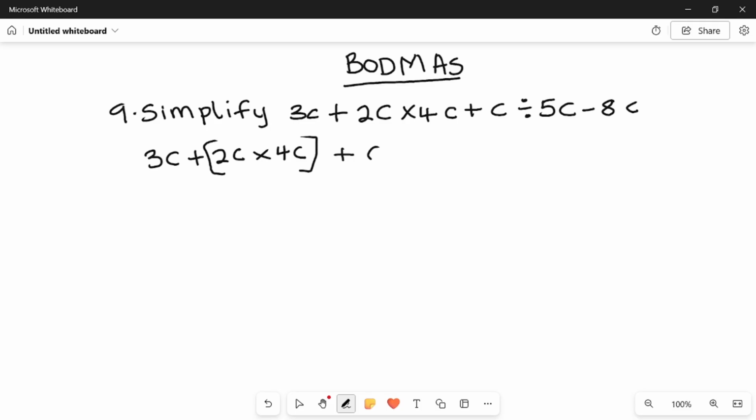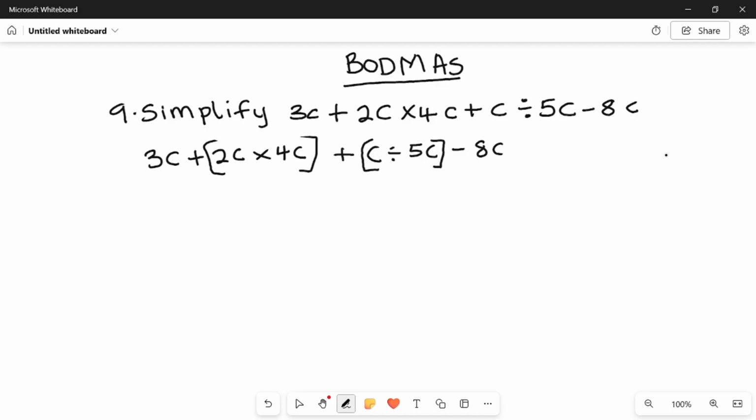Plus c divided by 5c minus 8c. So we also put this in a bracket. So we're introducing our own bracket because we want to attack them first. So we're working on both of them simultaneously, right?